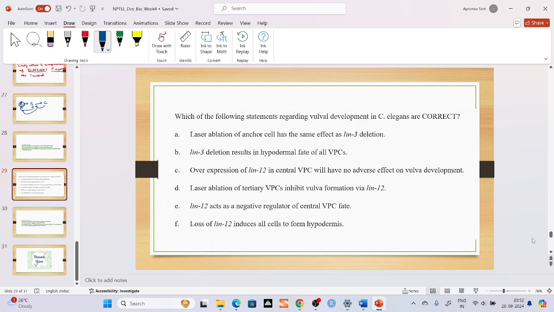statement. The first statement says that laser ablation of anchor cell has the same effect as lin 3 deletion. Like we said, the development of C. elegans vulva involves an interaction between anchor cells and VPCs, vulval precursor cells.